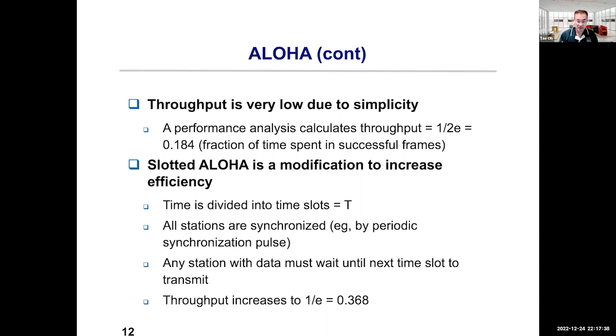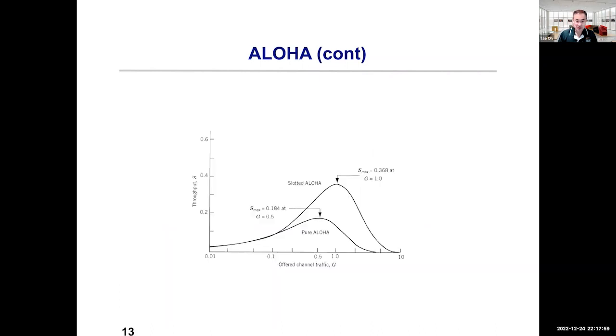Basically you wait your turn, right? Each station waits its turn to send packets to another station. So each station has its own slot. With that, throughput has increased to probably double, which is 36%. That was a big improvement, from 18% to 36% when you use slotted Aloha.